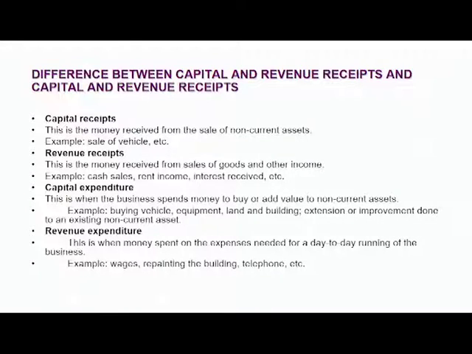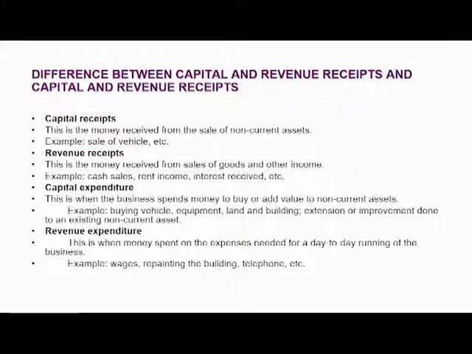And then revenue receipt, this is the money we receive from trading activities such as selling or rendering services to our clients or customers. For example, cash sales, rent income, rent received, etc. And then capital expenditure, this is when the business spends money to buy or add value to our non-current assets.